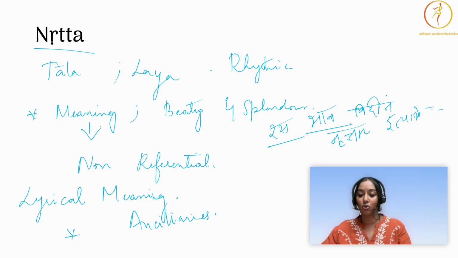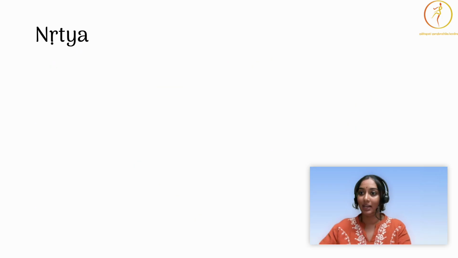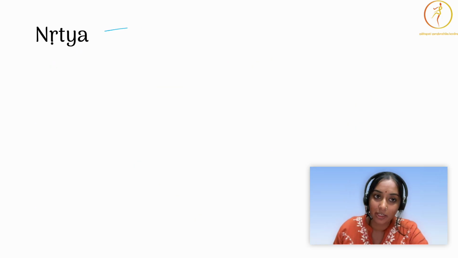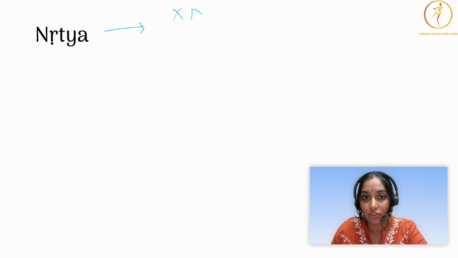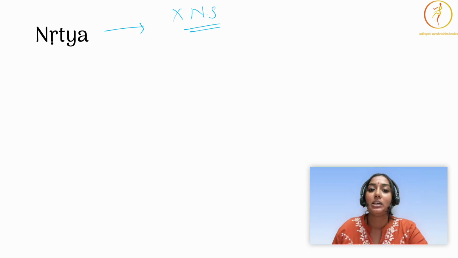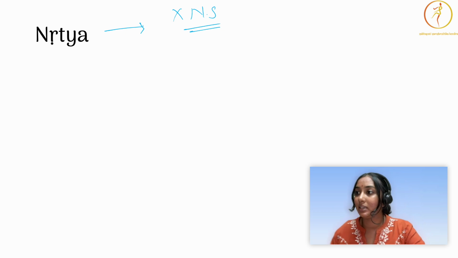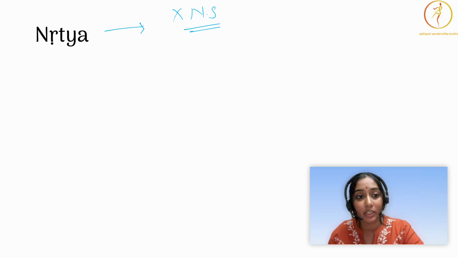Okay, we can next go to Nritya. One thing you might want to make note of, the term Nritya is not mentioned in the Natya Shastra. We must understand that it developed post Abhinava Gupta period. So Nritya is a combination of rhythm and expression.